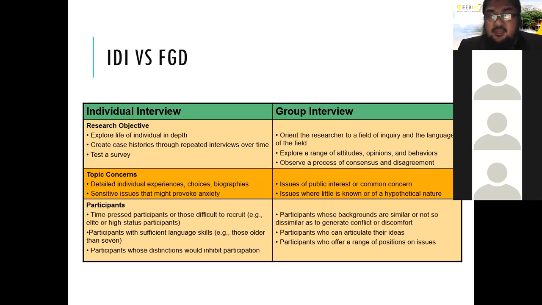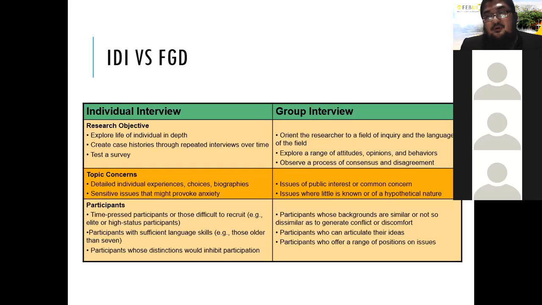For individual interviews, it usually aims to explore the individual in depth. So individual variables that are not related to interaction with other people, for example, motivation, personality, satisfaction, those are appropriate to be explored with individual interviews.